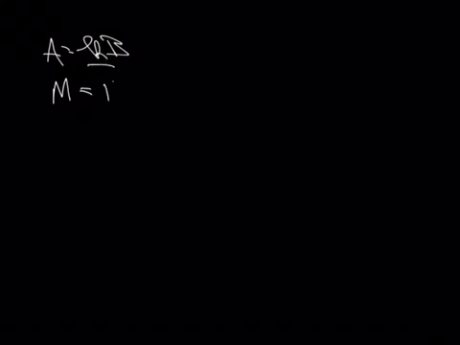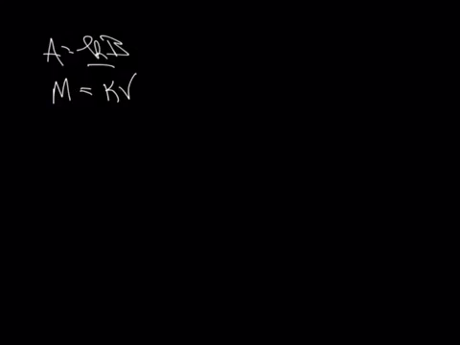So there's my volume, there's my mass, and when it says varies directly, I'm going to multiply the two end pieces. Okay, so that's how we write the equation.